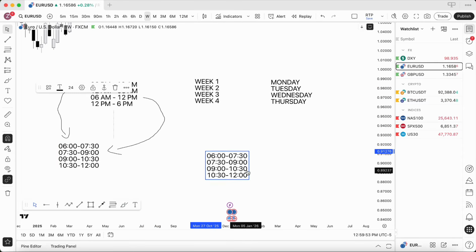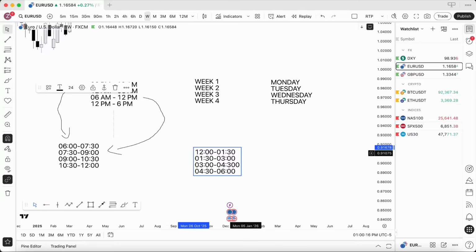And the other way around, it's from 12 to 1:30, then 1:30 to 3, to 4:30, and 4:30 to 6.